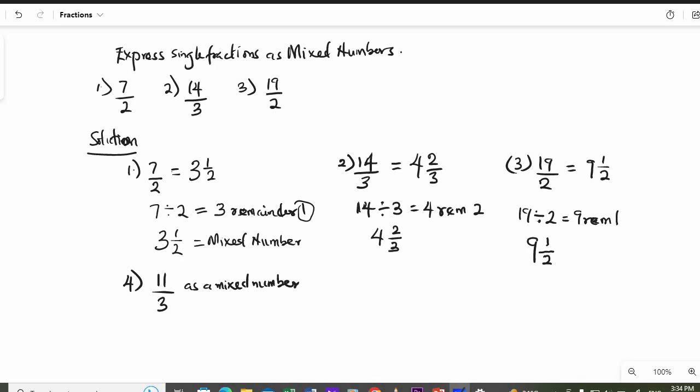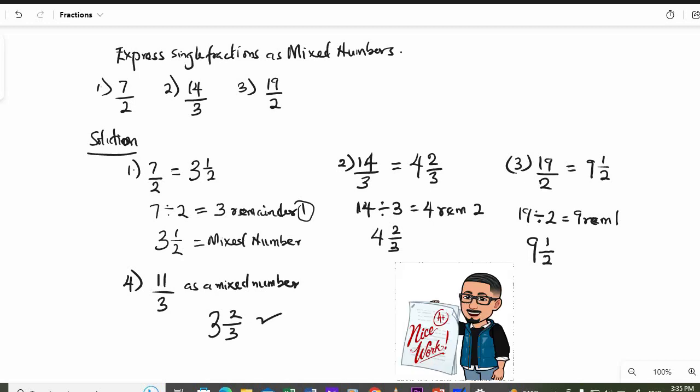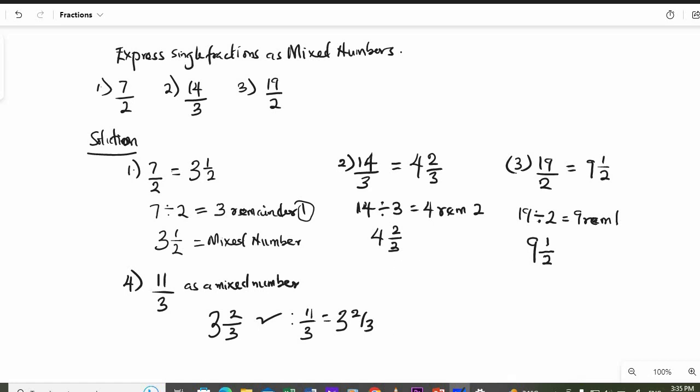So if you got 3 whole number 2 over 3, you are absolutely right. Because 11 over 3 is equal to 3 whole number 2 over 3 when expressed as a mixed number. Okay, so now that we're done learning how to express, oh yeah, there's something we're missing.